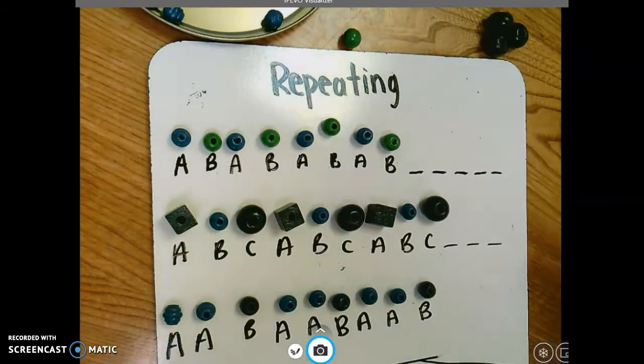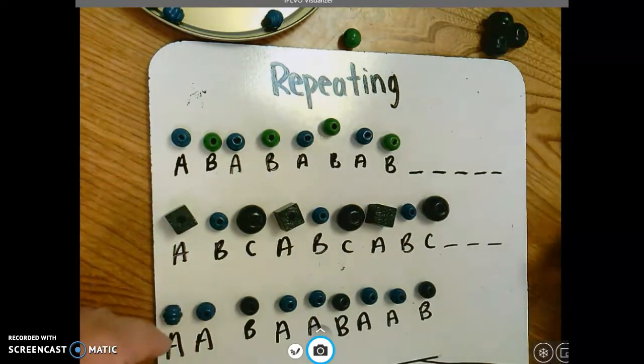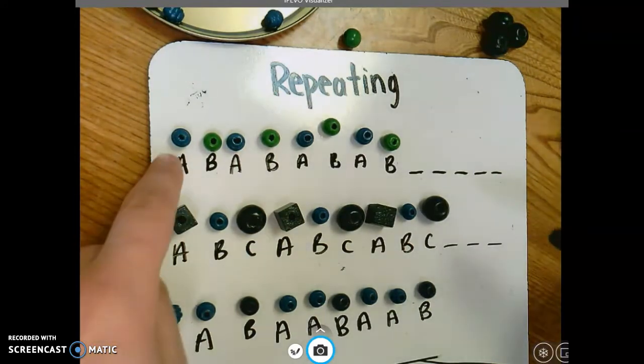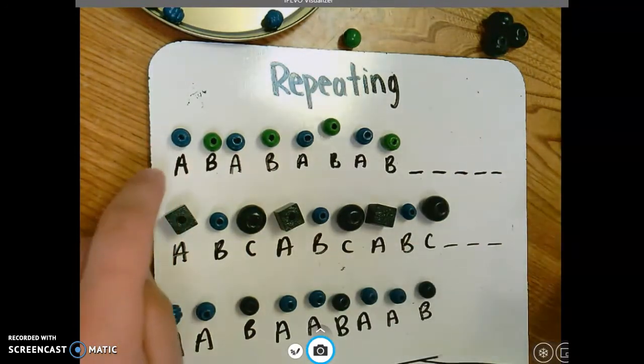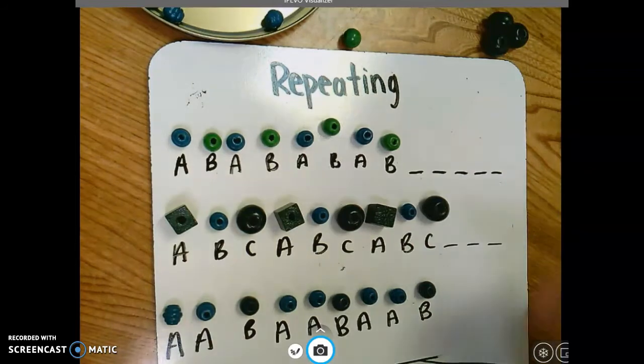So that's the gist of describing repeating patterns. We would designate each different element, or in this case different bead, a letter, and then as they repeat, we would associate that letter. So this would be an AB pattern, this is an ABC pattern, and this is an AAB pattern. So the more elements you put in, the more letters you might use, and the more complex your patterns might become.